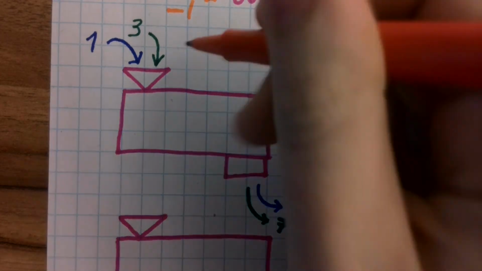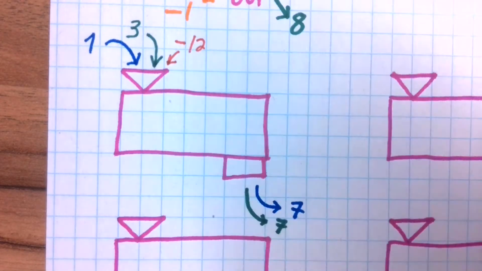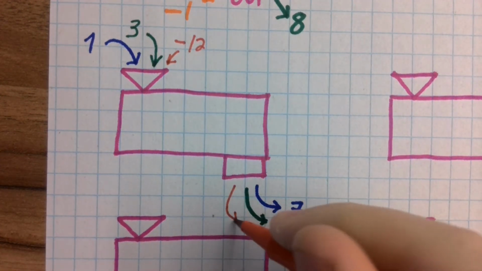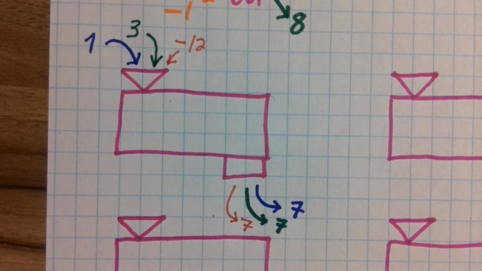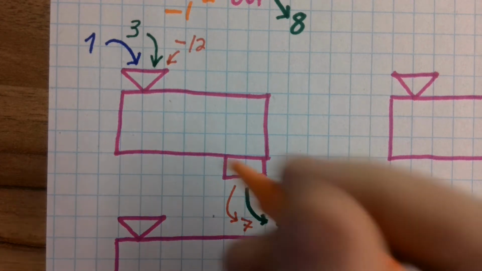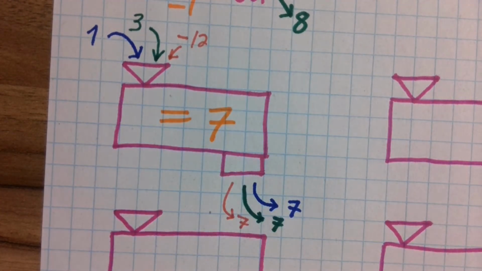If I plug in the number negative 12, I get out 7. In this case, what do we think the rule is? Again, this one's going to be a little bit trickier. The rule for this particular function machine is equals 7. It just turns whatever goes in into 7.